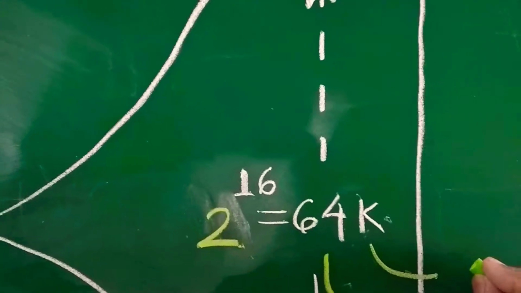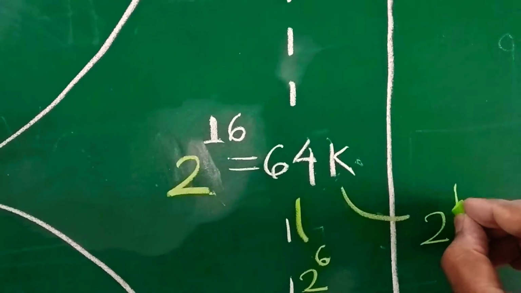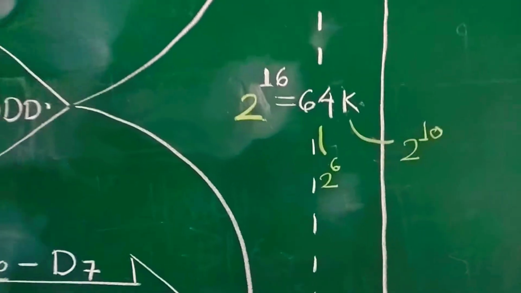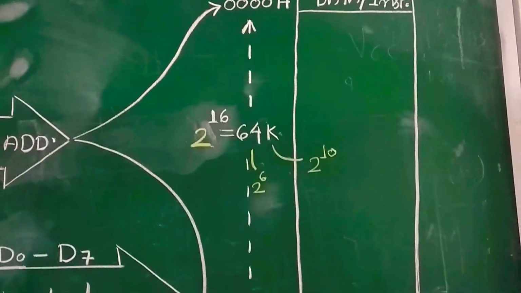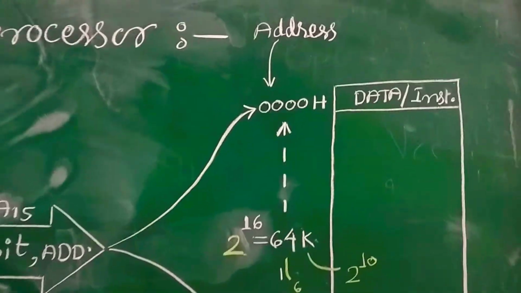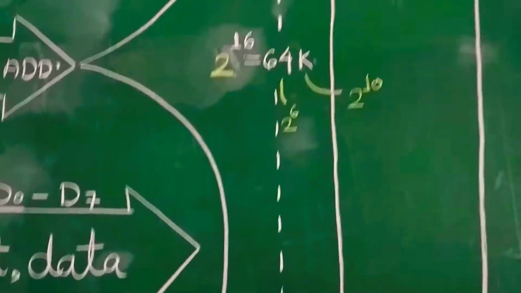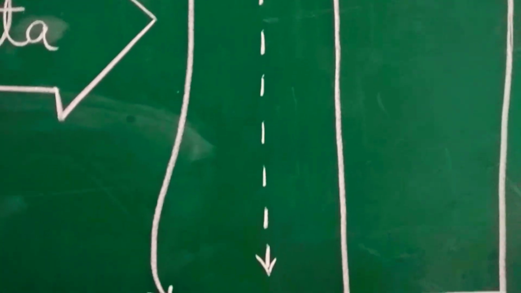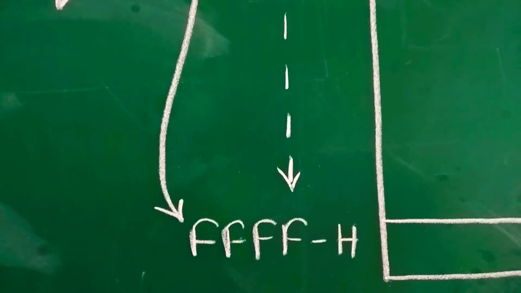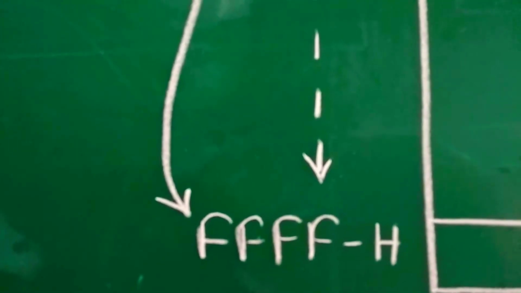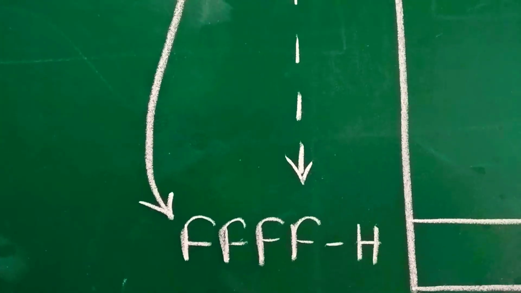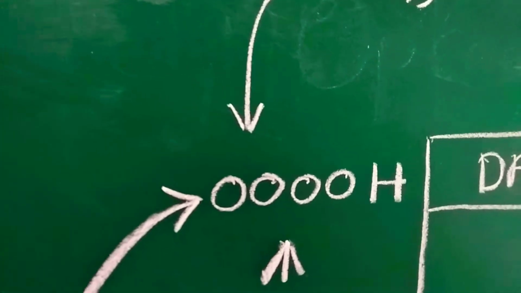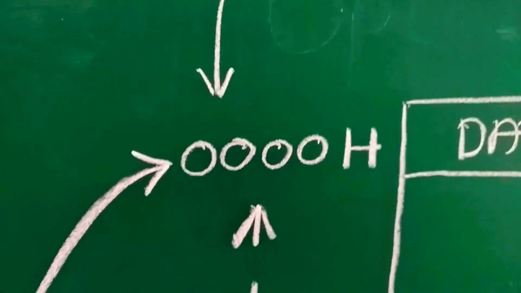Thus, 16 address lines are capable of addressing 64 kilo locations, where the highest address will be FFFFH in hexadecimal and the lowest address will be 0000H.